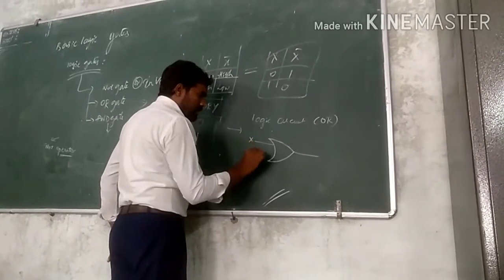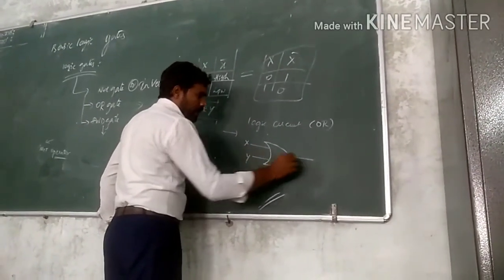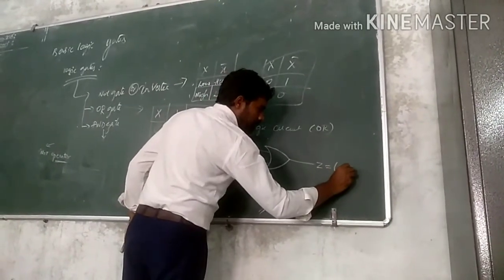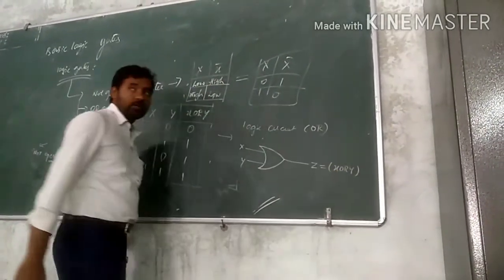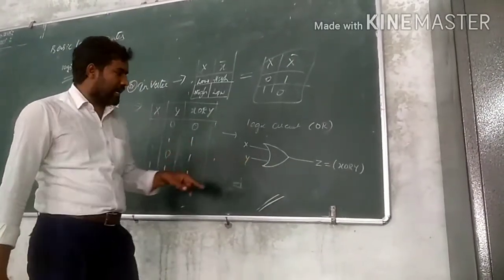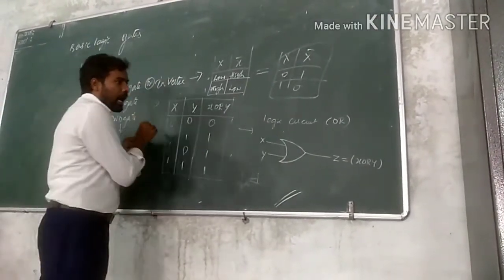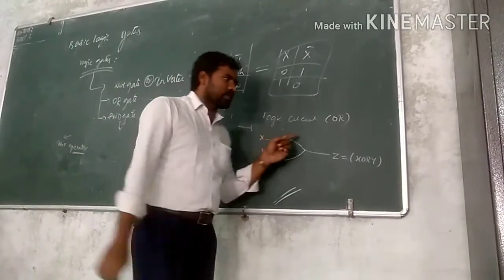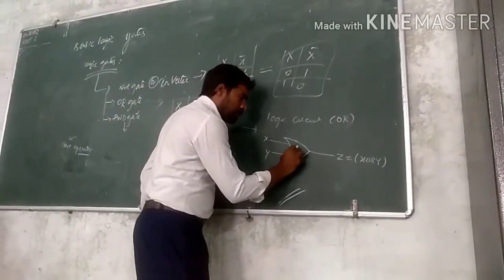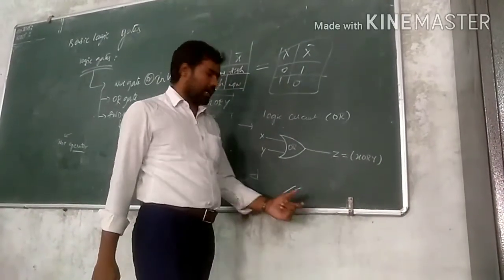Here x and y are the inputs and z is the output. Z means x or y. So this is the way of targeting. In the examination they will directly ask to write down the truth table for the OR gate and draw the logic circuit diagram for the OR gate. This is the logic circuit diagram for the OR gate.